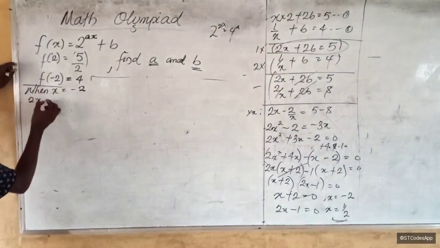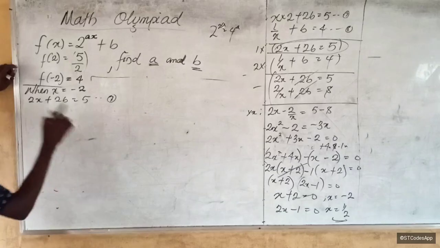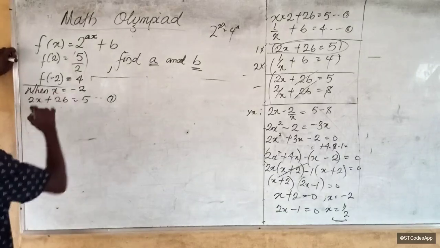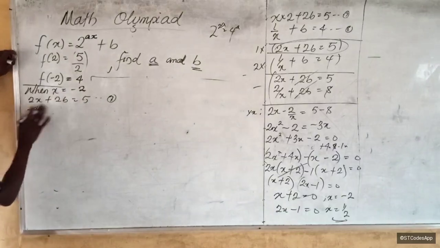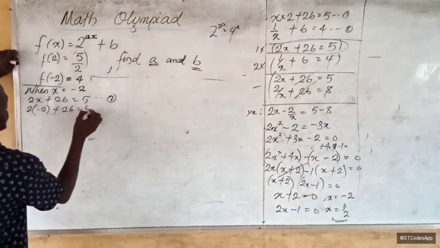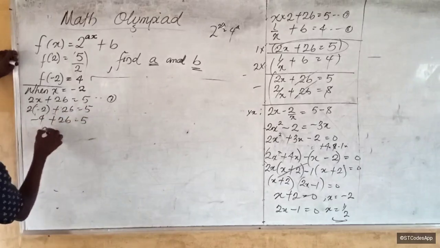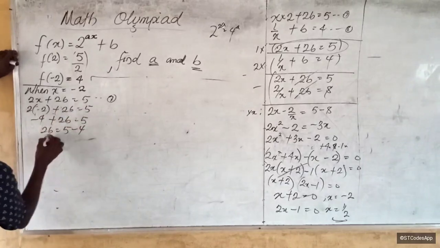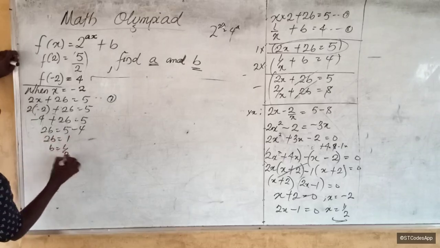It says 2x plus 2b is equal to 5. So x is now -2, so we have -4, that is 2 into bracket -2, plus 2b is equal to 5. So -4 plus 2b is equal to 5. So 2b is equal to 5 plus 4, so 2b is equal to 9, so b equals 9/2.